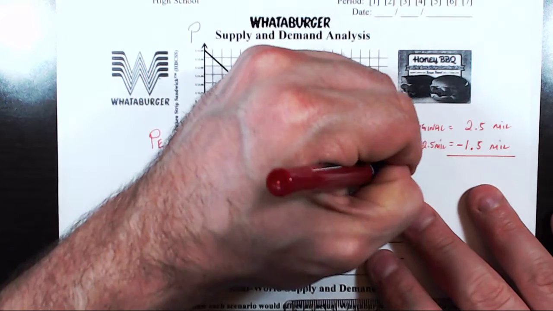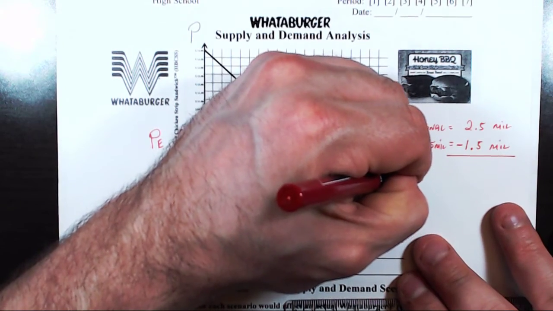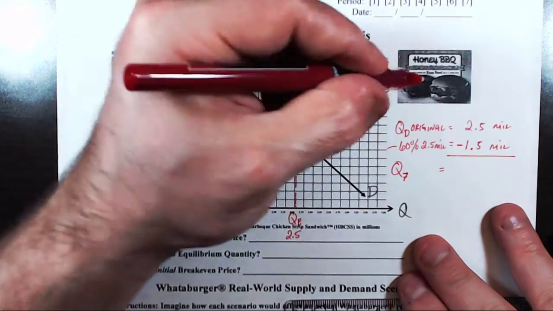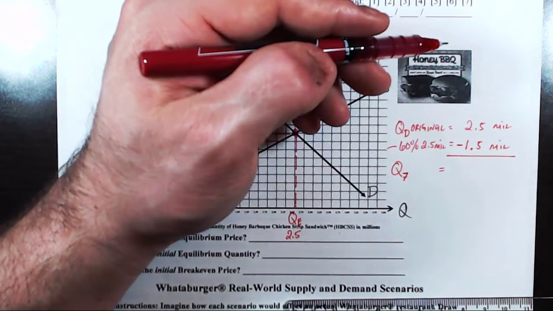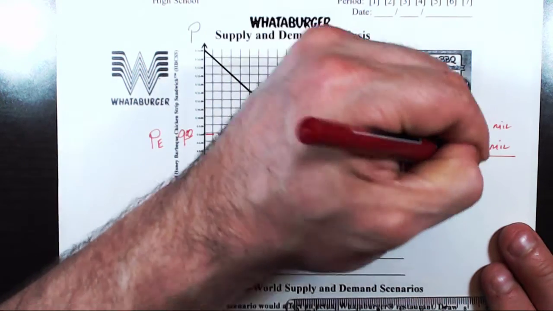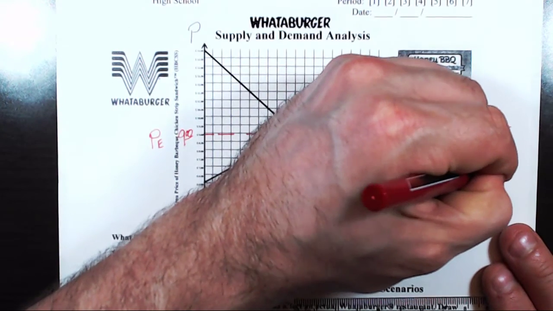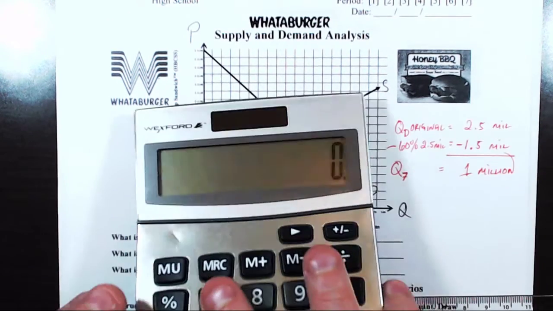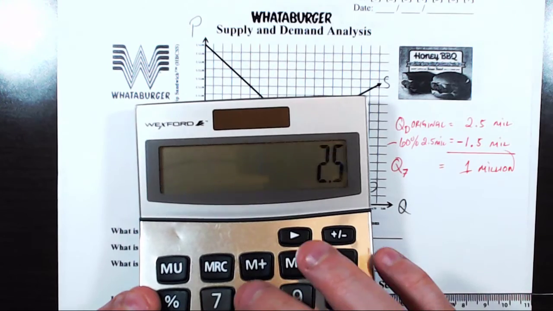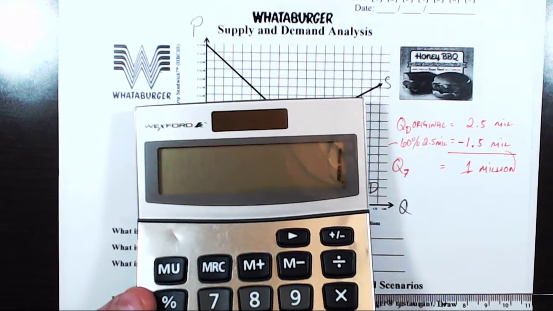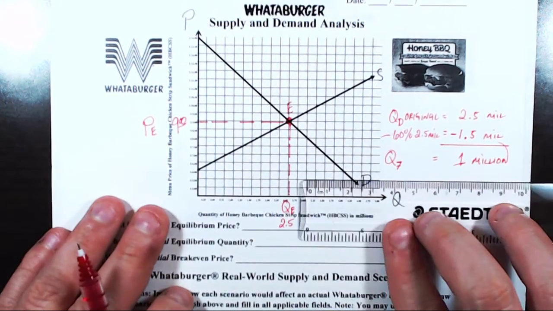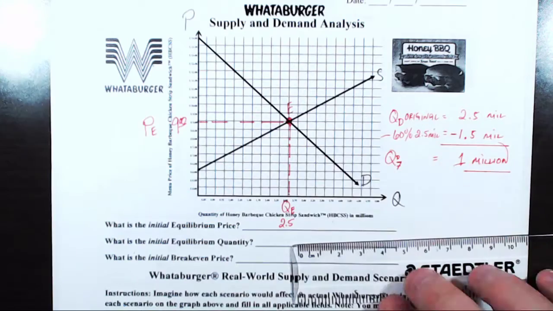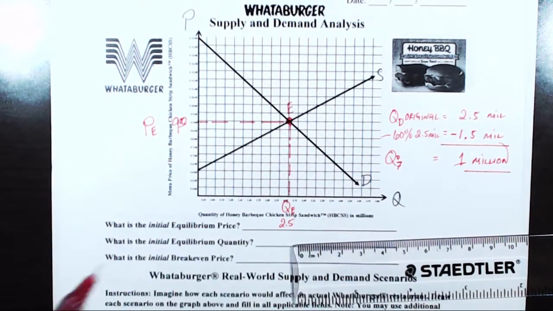So my quantity demanded for scenario 7 is equal to 2.5 million minus 1.5 million, or 1 million. 1 million sandwiches. Okay, 2.5 minus 1.5 equals 1 million sandwiches. So that's my new quantity demanded. Oops, I forgot to put quantity demanded for scenario 7.